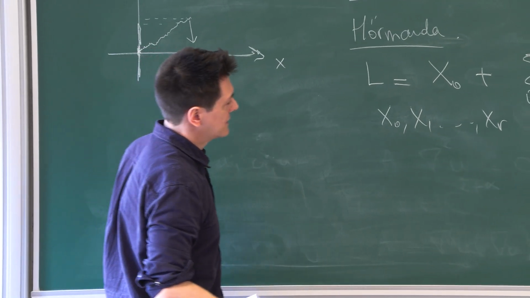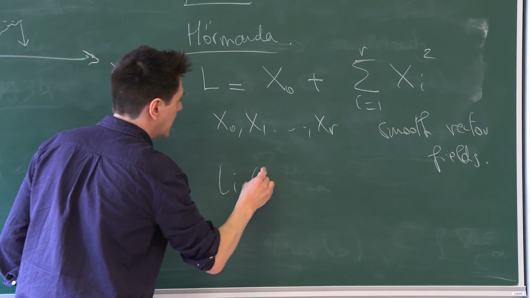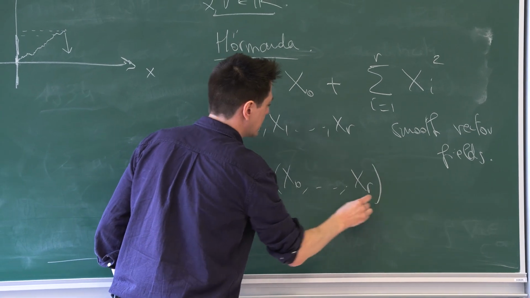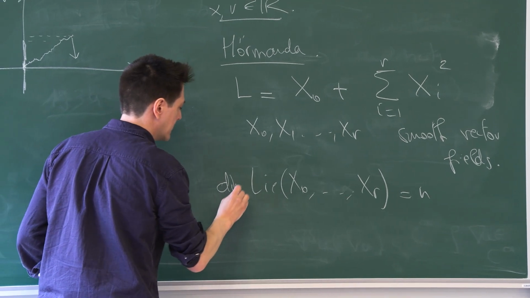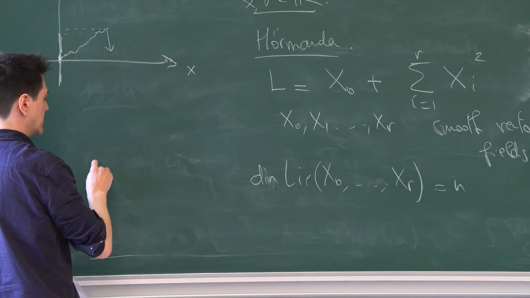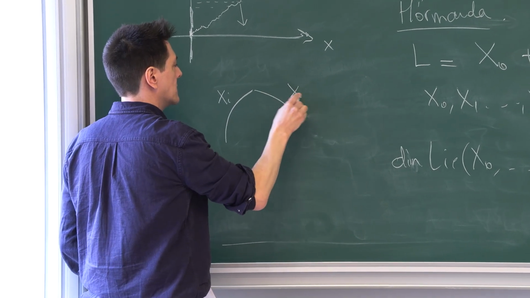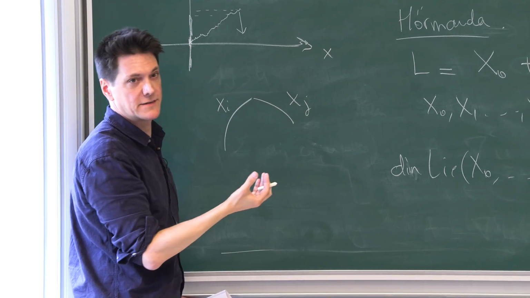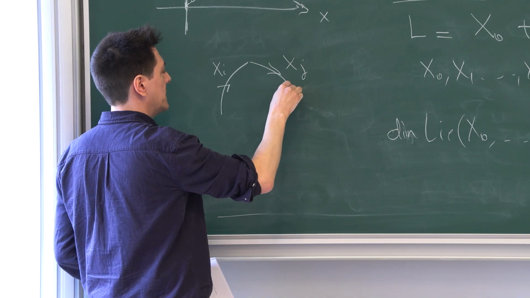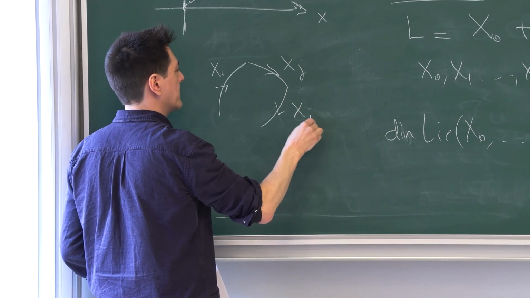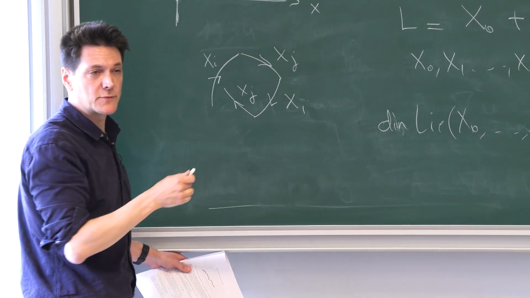And the idea of Hörmander, the interpretation, is that if the Lie algebra of all the vector fields has full rank, it means geometrically that if you follow, for instance, you'll have to think about what I'm drawing infinitesimally, but you follow a bit the first vector field, a bit the second vector field, a bit backward the first vector field, a bit backward the second vector field, you're not back at your starting point because they don't commute.